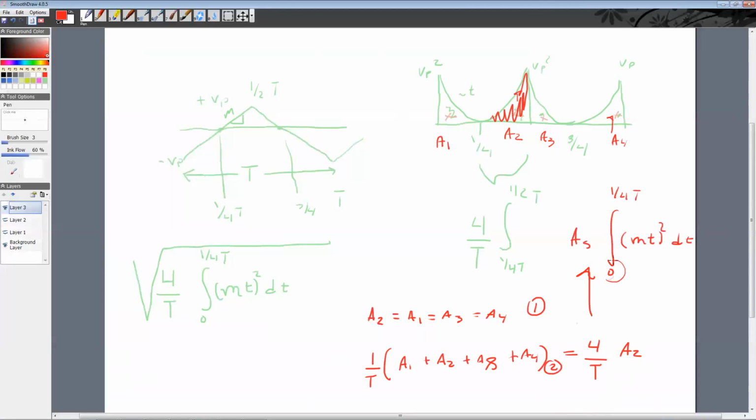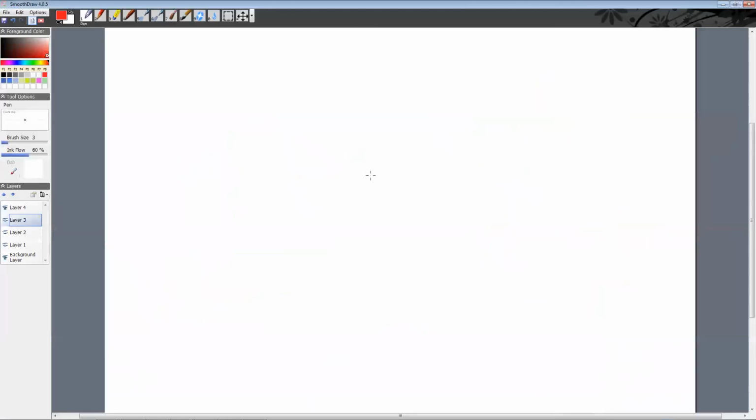And notice, yeah, I went from 1/4 to 0 and from 1/2 to a quarter, because really, what is that equation that I'm integrating, right?